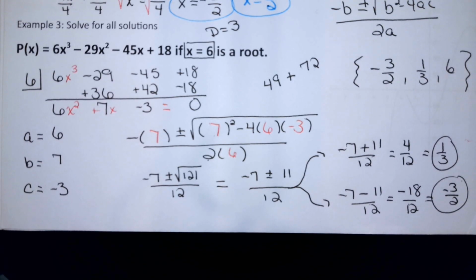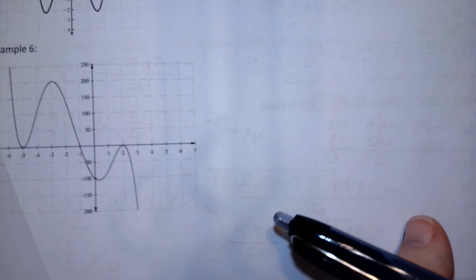Alright, if you need to pause this to finish copying it, go ahead and do that now. So I'm going to go ahead and move to our next set of examples.